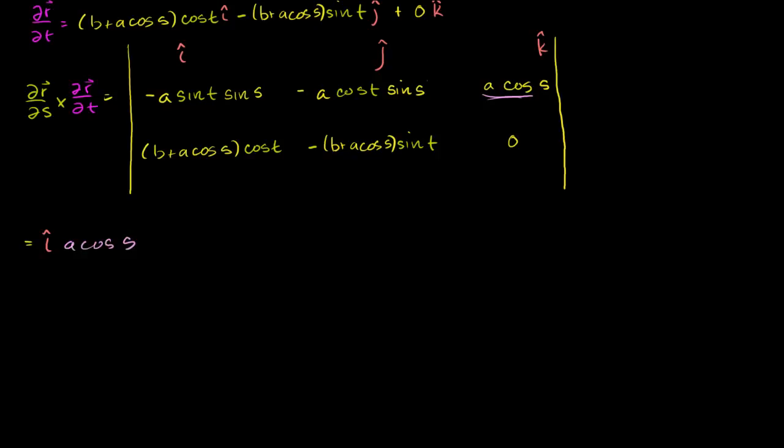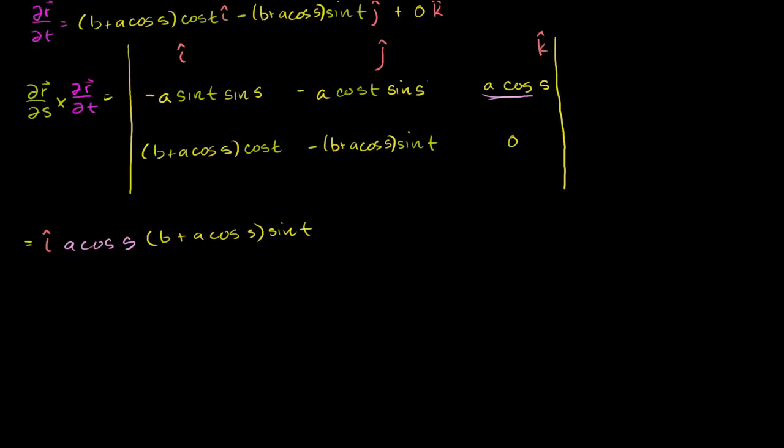It's really that term times that term minus that term times that term, but the negatives cancel out, and that times that is 0. So it's a cosine of s times b plus a cosine of s, sine of t. So we got our i term for the cross product.